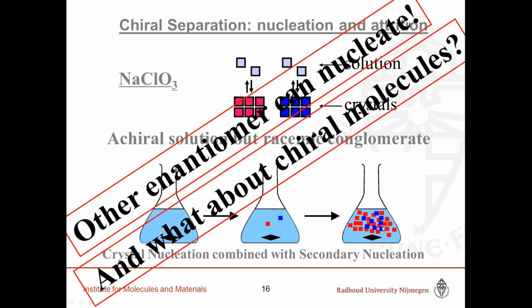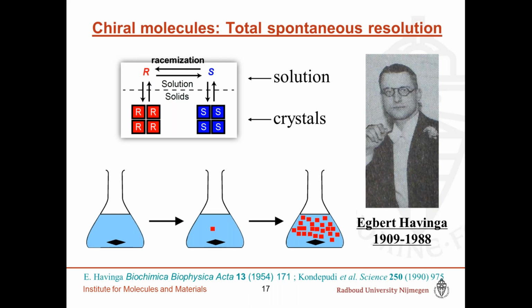So if it is possible to sometimes have only right-handed crystals, then the question is, what about chiral molecules? Well, this was already suggested much earlier, during the 1950s, by a Dutch chemist, Egbert Havinga, and he considered the case where in the solution of chiral molecules, where you have a racemic mixture, on crystallization of the conglomerate, for instance producing only the red crystals, the concentration of the left-handed molecules in the solution would increase relative to the right-handed.